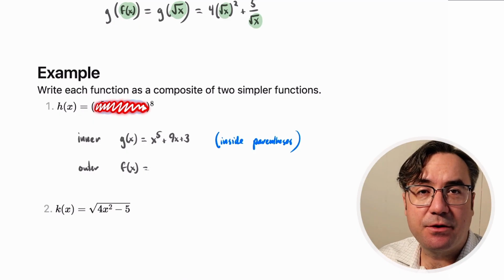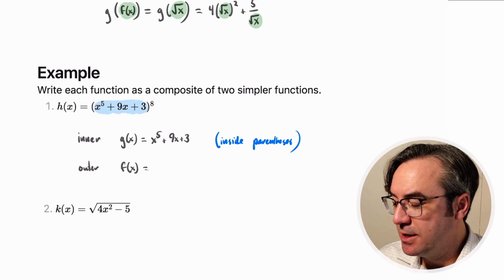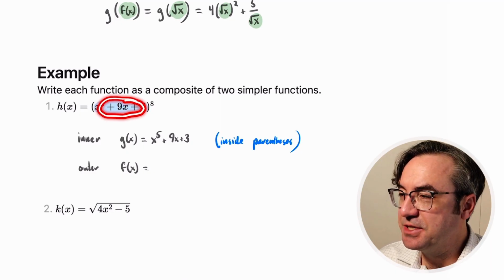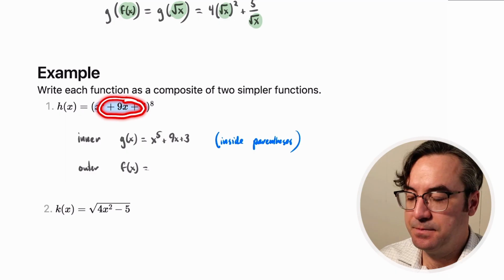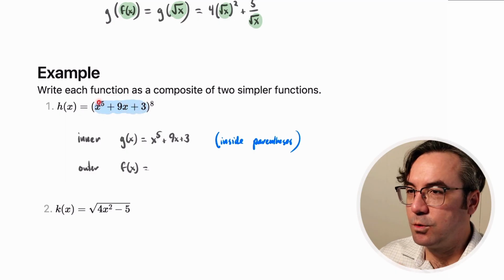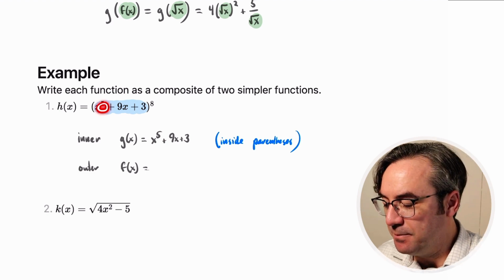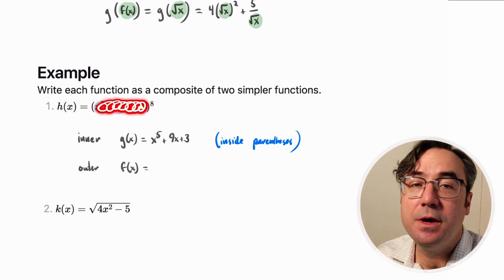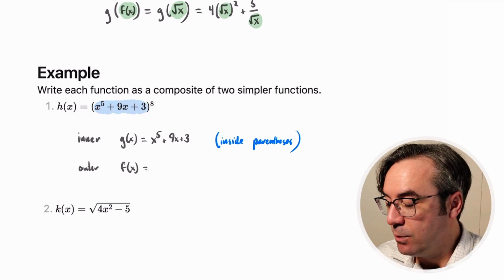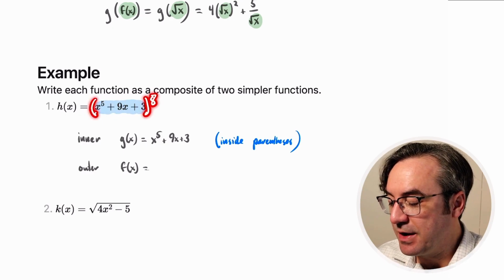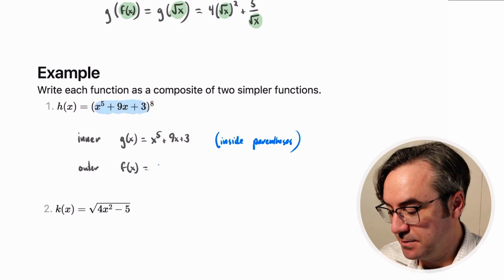So now we want to get the outer function. So we're just going to imagine, let's just call all of this just a single variable. So we're going to kind of just tighten it up, swallow it up. All this gets swallowed up into one variable. And what do we have left? Well, we've got the parentheses, and then we've got the raised to the power 8.